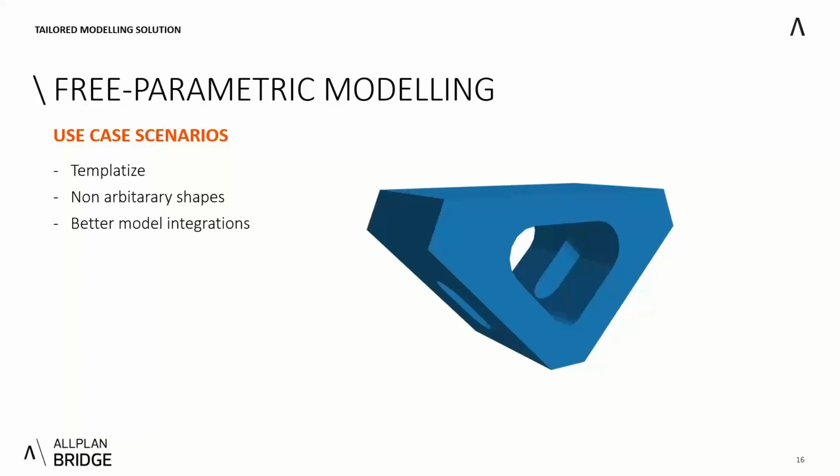The second obvious use case scenario would be arbitrary shapes. When you have a section based on a cross section, usually you have the shapes defined based on that cross section, so it would be arbitrary cross sections or arbitrary shapes.